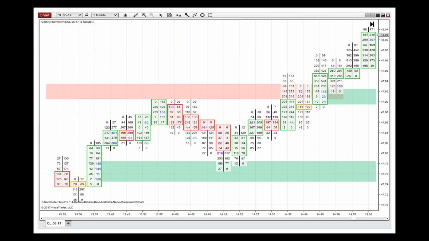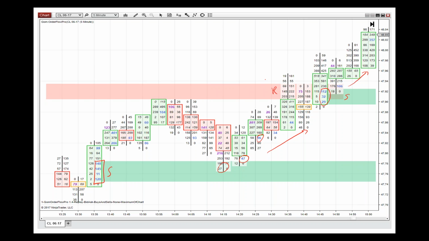So for instance here, we have four imbalances that follow one another, they're consecutive, and it creates a support zone that is tested here, and then we have a buying imbalance here, and the market goes up. And again here we create a zone that replaces this resistance and becomes support, and the market goes up.